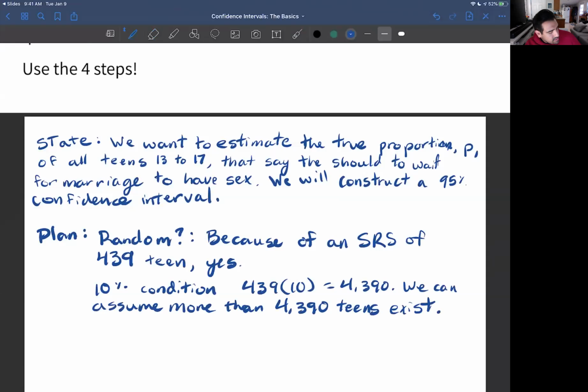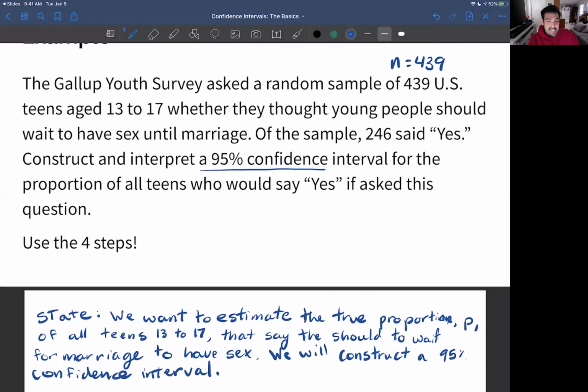And then let's check our large counts. For our large counts, we have 439 times P. What is P? Well, we need to check our actual proportion that's here in our problem, right?